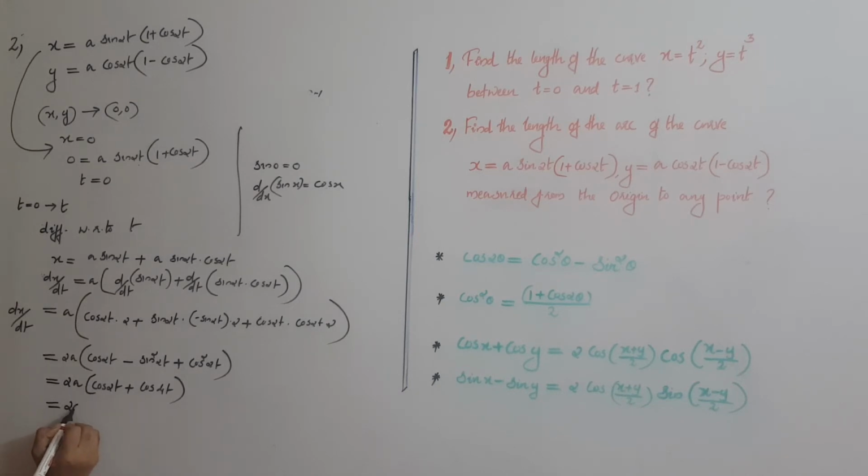That is 2a into cos A plus cos B, that is 2 cos (x plus y) by 2, (2t plus 4t) by 2, that is 3t, into cos (x minus y) by 2, that is cos t, (4t minus 2t) divided by 2.